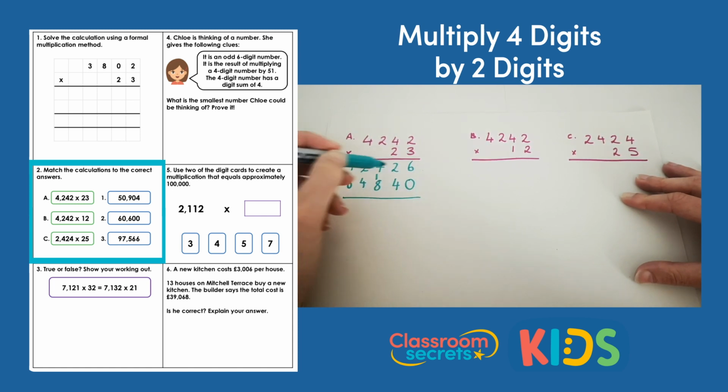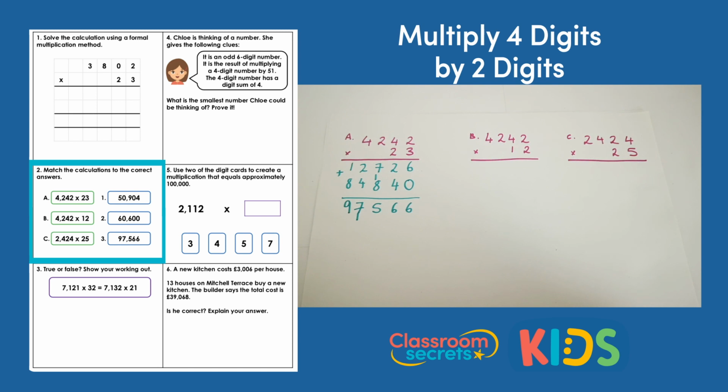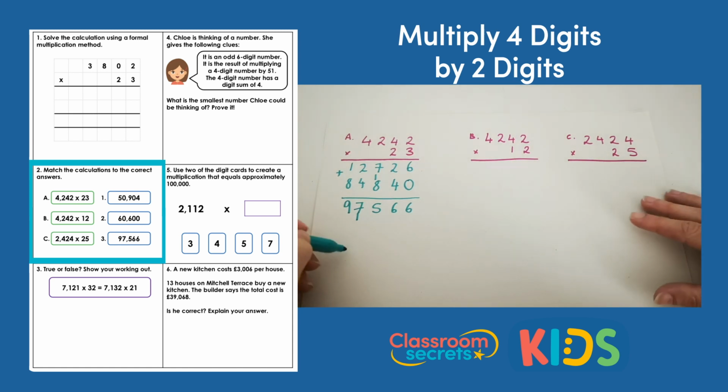And then add them together. 6 and 0 is 6, 2 and 4 is 6, 7 add 8 is 15, 2 add 4 is 6, add 1 more is 7, and then 1 and 8 is 9. So we get 97,566. That is one of our options. It's option 3. So A matches with 3.